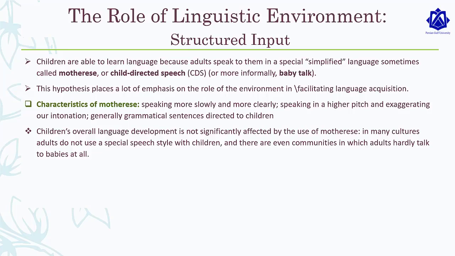Based on this approach, children are able to learn language. Why? Because adults are speaking to them in a special language. And this language is simplified. How is it called? Motherese, child-directed speech, or baby talk.